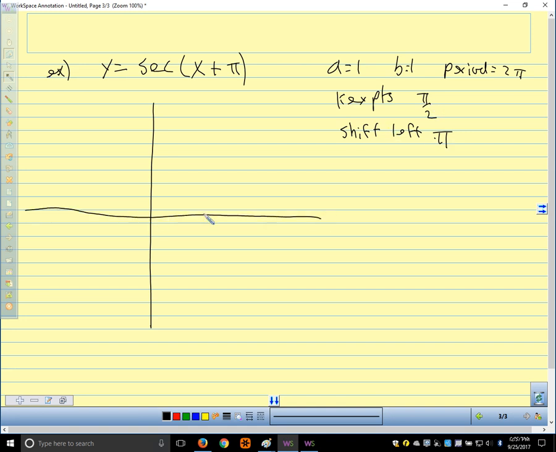I'm going to label my axes in units of pi over 2 for my key points. And I'll go in the negative direction. And we're graphing a secant, so my parent is a cosine function. So that's my parent function. I'm going to start here at 1 and then graph my key points here.